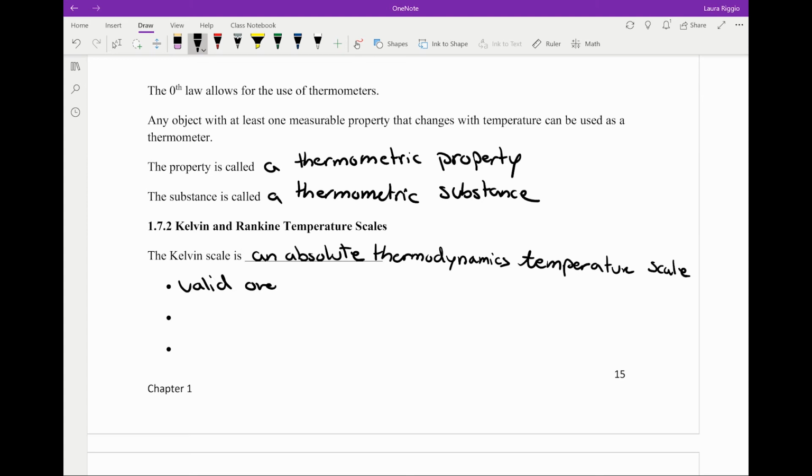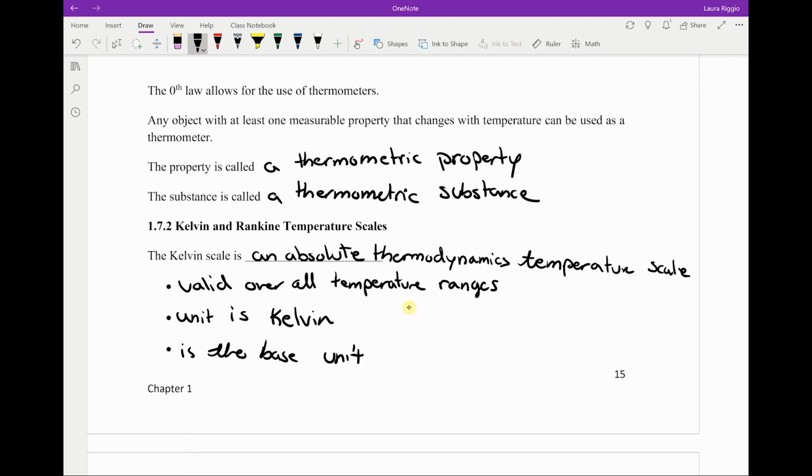It's valid over all temperature ranges. The unit is Kelvin, not degrees Kelvin, just Kelvin. And it's the base unit in the SI system.